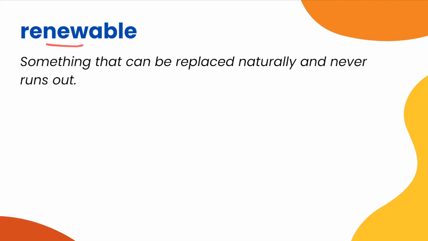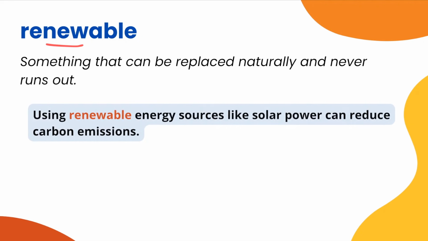And the next word, renewable. Renewable. You stress the new here, renewable. This means something that can be replaced naturally and never runs out, can go on forever if it's renewable. Using renewable energy sources like solar power can reduce carbon emissions.